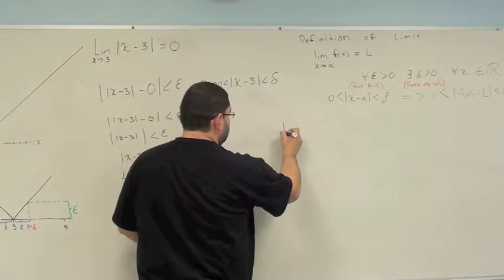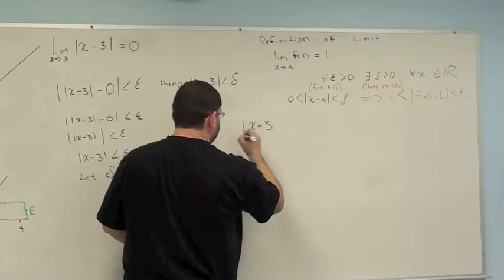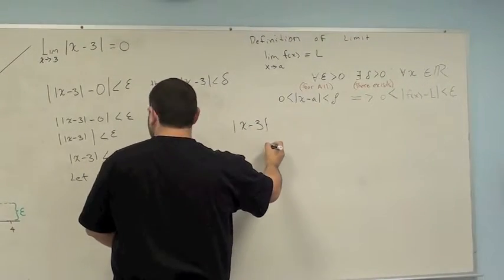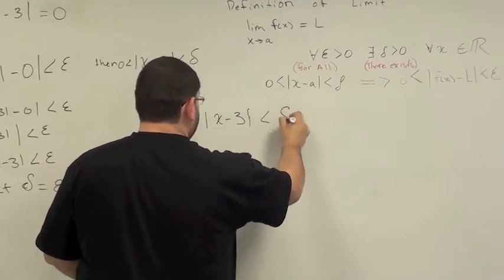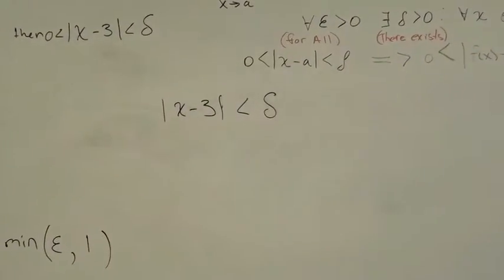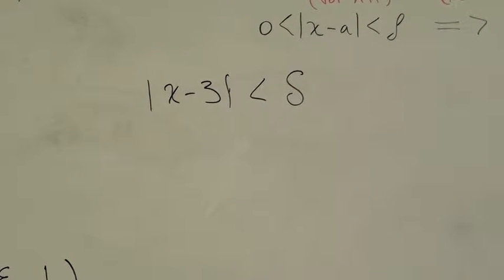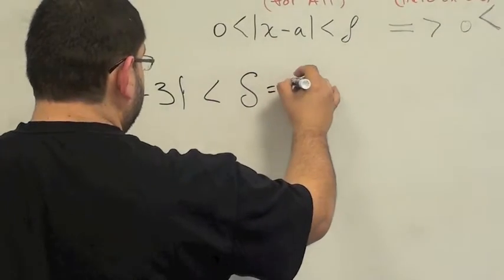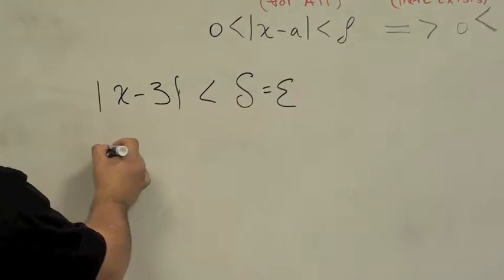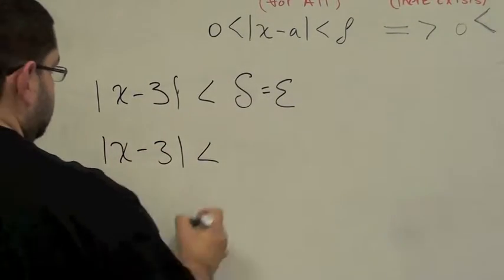We're going to say that the absolute value of x minus 3 is less than delta, right? And we know that delta is equal to epsilon, so we can say that this is less than epsilon.